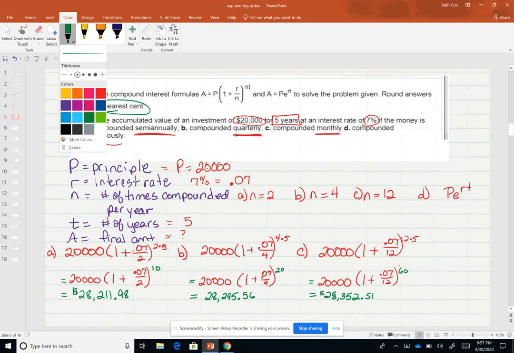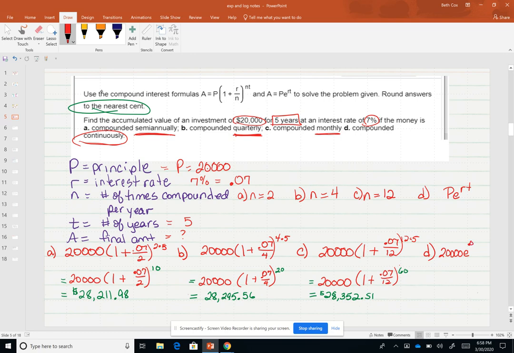All right, now part D. Part D uses a completely different formula because it says continuous compounding. We're going to use a different button on our calculator. It's going to be 20,000 times e to the 0.07 times 5. On your calculator, just hit the e to the x button. You should have an e to the x button.